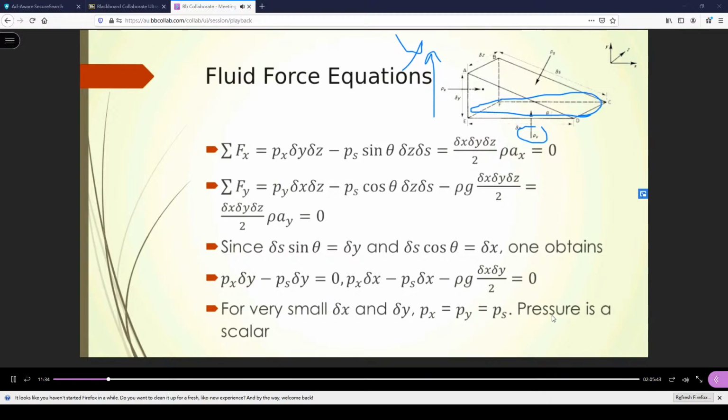So similarly, delta y, delta x, delta z represent the force acting upwards. Again, the pressure force is always acting normally to a plane. Therefore, if you consider this CDEF, then the force has to be upward. So this is this force.